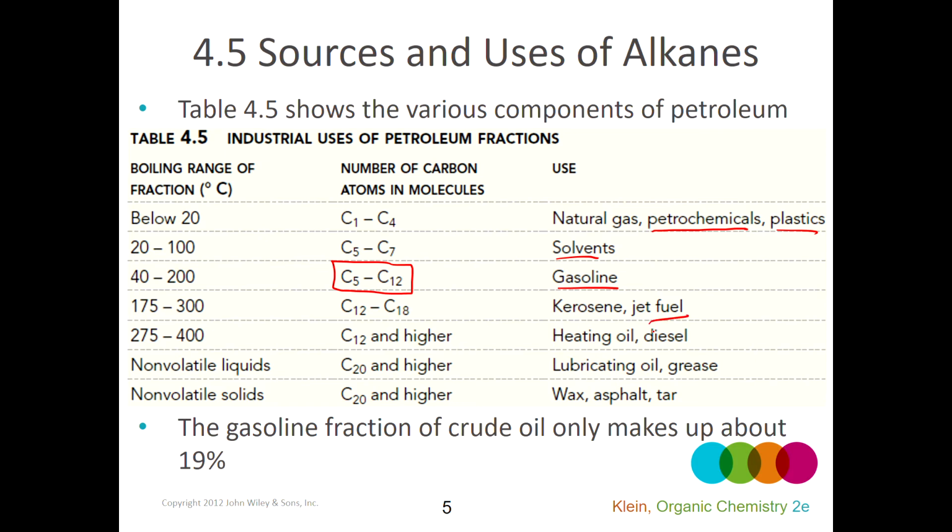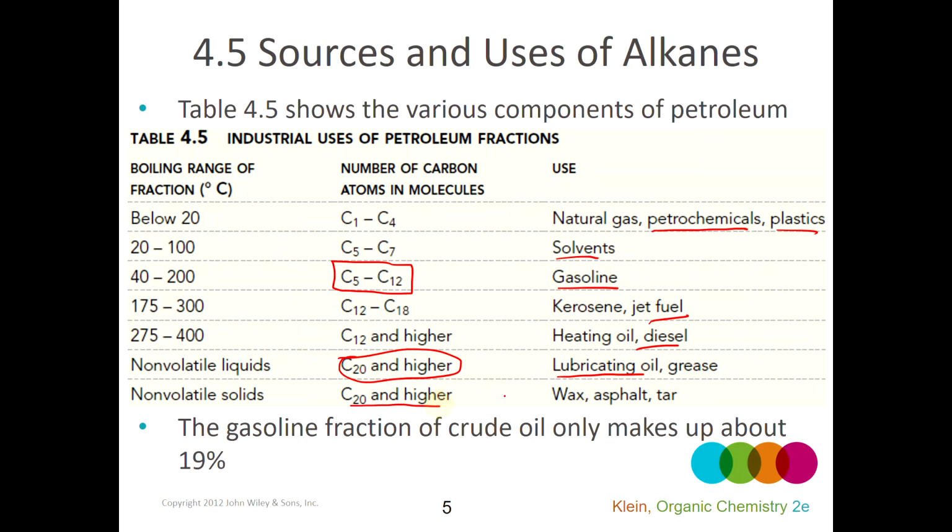Longer chains are needed for other types of fuels. Definitely longer chains that don't evaporate as readily are great for lubricants because they won't evaporate away, right? You put oil in your car, you don't want it to just evaporate. It needs to stay in there and keep the lubrication going. So you have to have enough carbons where it's not going to be volatile at room temperature.